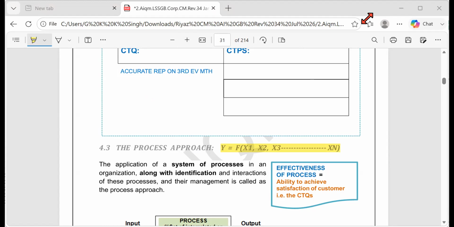And doing it accurately, that is also a CTQ. On time and on budget. Right. So focusing on the CTPs you people have listed, the data collection on time, data accuracy, and 1 day to prepare for the presentation, if you do these 3 CTPs well, you will satisfy your customer, that is your senior.